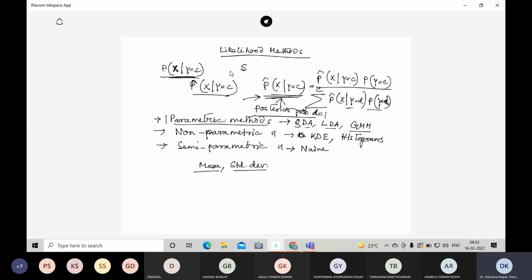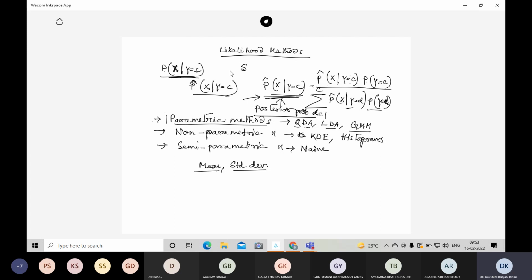But non-parametric methods do not follow the normal distribution, so we do not have any assumptions like the parametric method. Here in non-parametric method the number of model parameters is not fixed, and we do not make any assumption like parametric method.